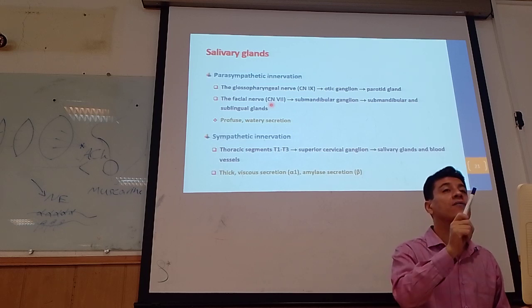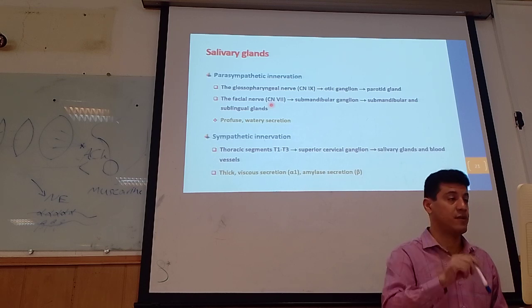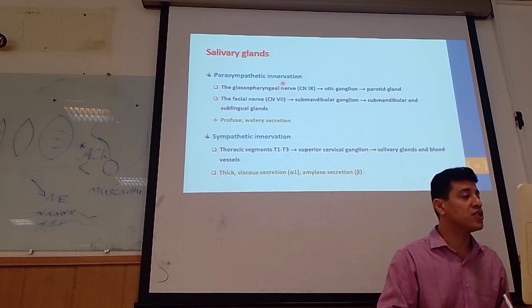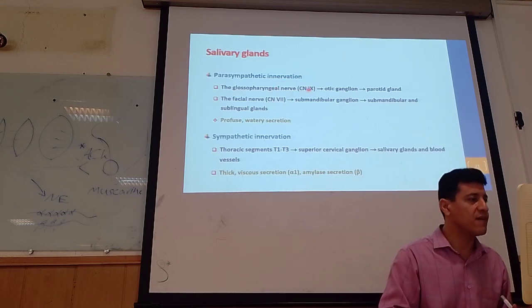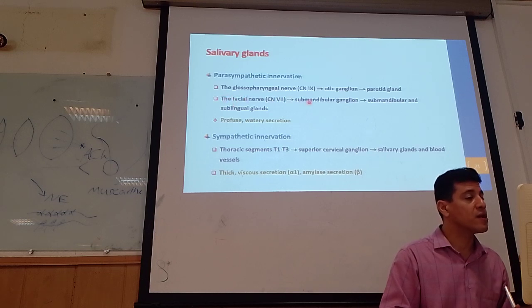Nerve number 9 was associated with the inferior salivatory nucleus. So the glossopharyngeal nerve, nerve number 9, goes to the otic ganglion, then to the parotid gland. Right? The facial nerve through the submandibular ganglion goes to the submandibular and sublingual glands.